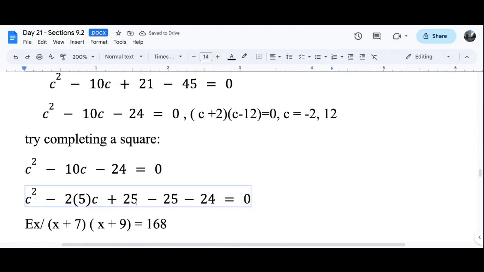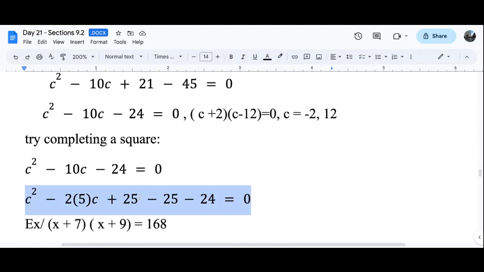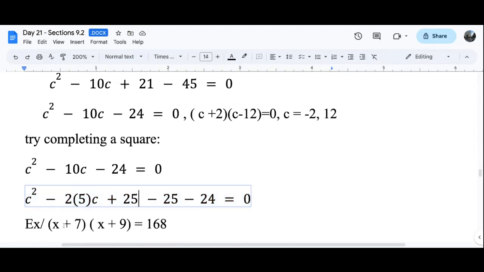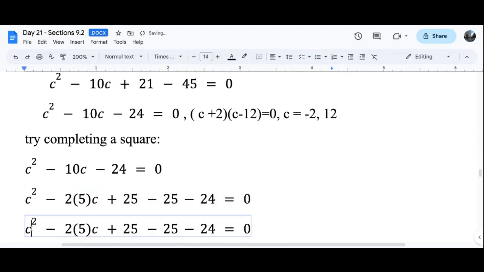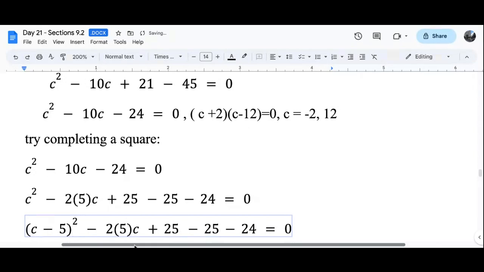Now the first three terms become c minus 5 squared, right? Then minus, for 25 minus 24 is minus 49.